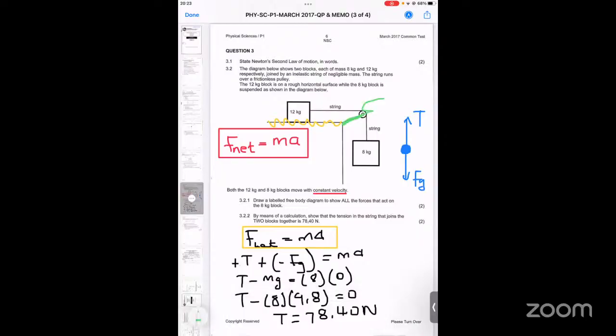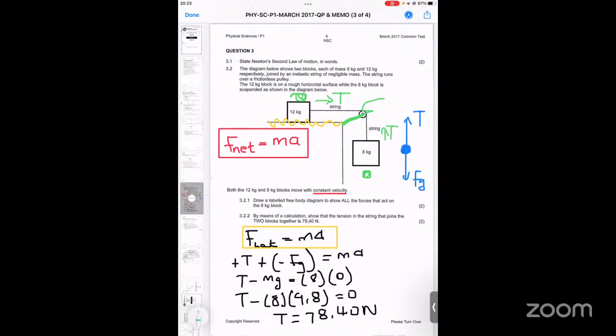When you cut it, you've got an option to use the 8 kg or the 12 kg, because the tension here is the same as the tension there. The only difference is the direction. The tension there is working upwards, but there it's working towards the right. So we chose the one for the 8 kg because we don't need too much information on that one.